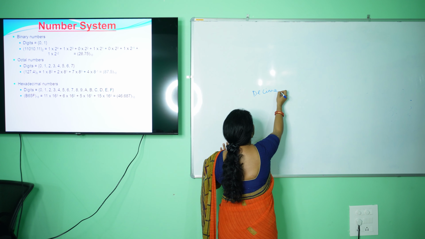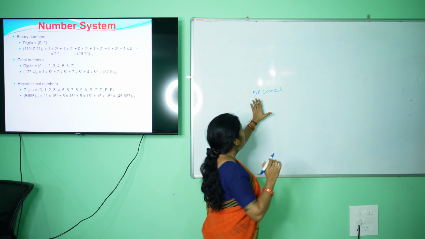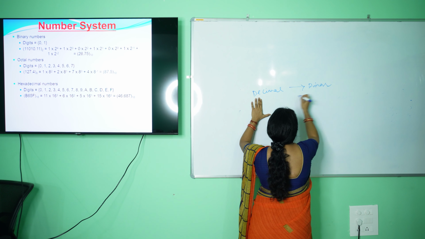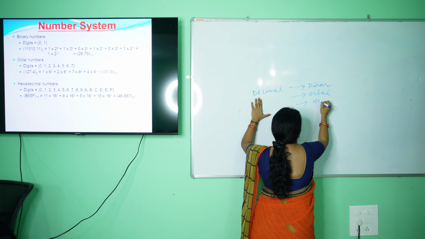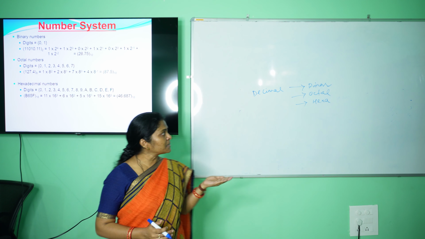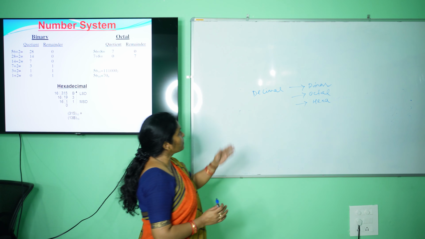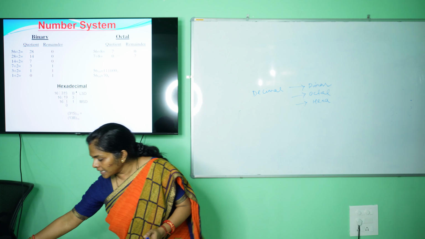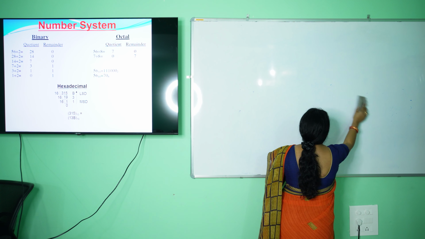What do you mean by decimal conversion? That means from the decimal number system, I want to convert it to binary, to octal, and to hexa. So how can it be done? We will do one after another.